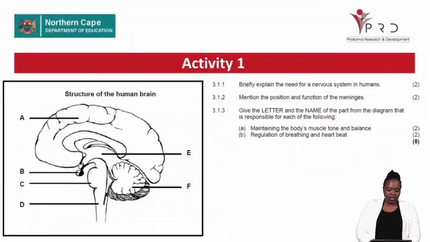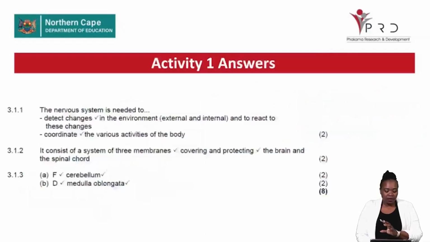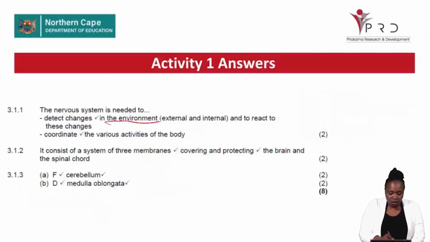Okay, let's have a look at an activity on the human brain. We have 3.1.1 here. It says, briefly explain the need for a nervous system in humans. Remember, we looked at 2 reasons why the human nervous system is needed, right? And the first one was that it detects changes in the external environment. So if there are any changes in the external environment, it will detect those changes and it will bring about a reaction to these changes.